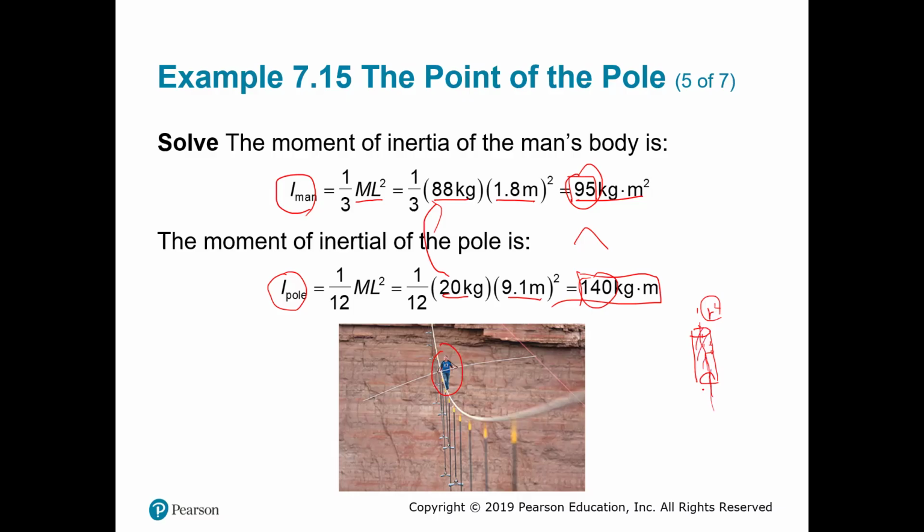So the moment of inertia for the human is smaller, even though the mass is high. But now think about the bar. The bar is really long, and this is your axis, so the mass is far, far away compared with this distance of just a few centimeters. This is a meter scale. A lot of the mass is distributed far from the axis, so that's why this is heavier.